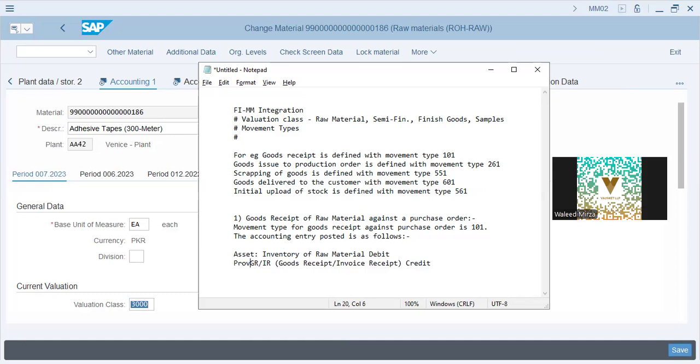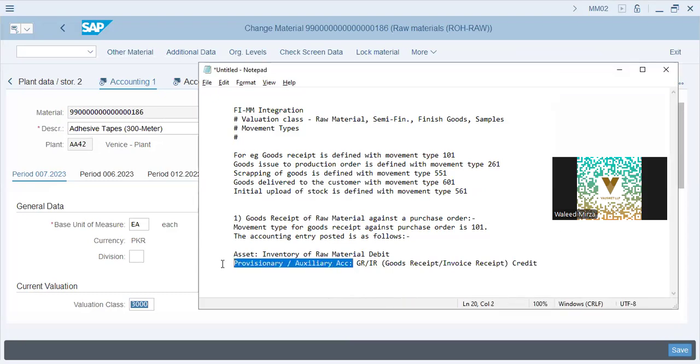GRIR is a provisionary account or auxiliary account, which means it has no role but to be a middleman. The middleman is working in this scenario to help these accounts to be populated.